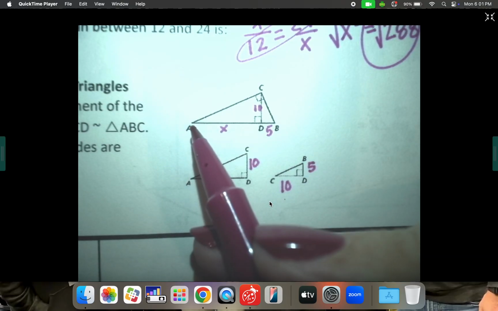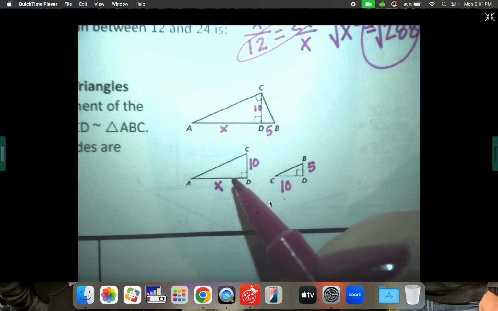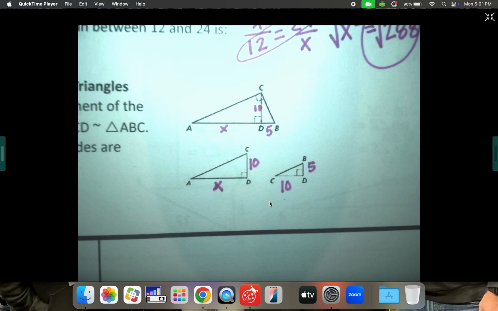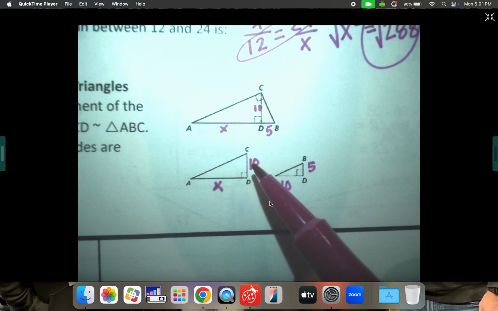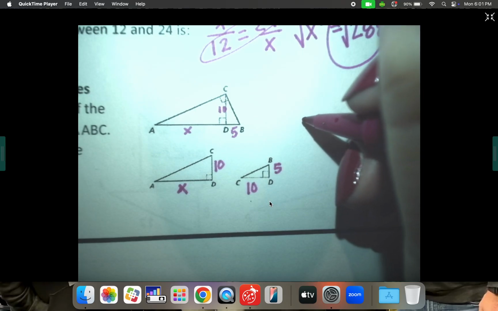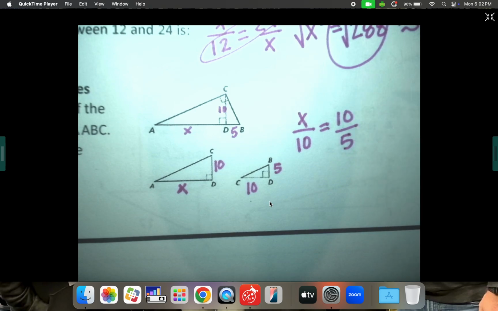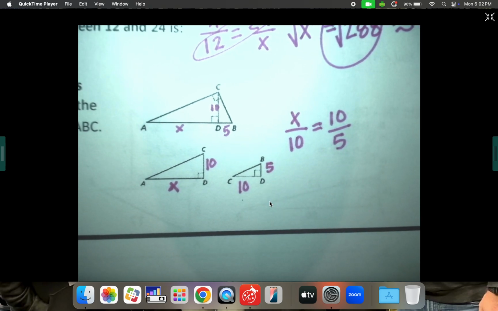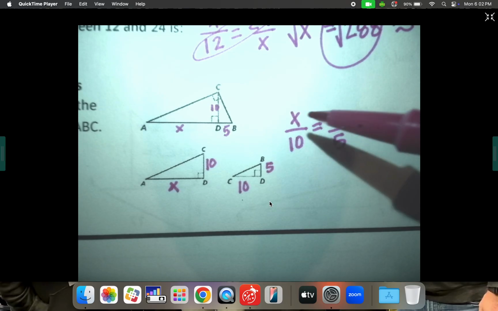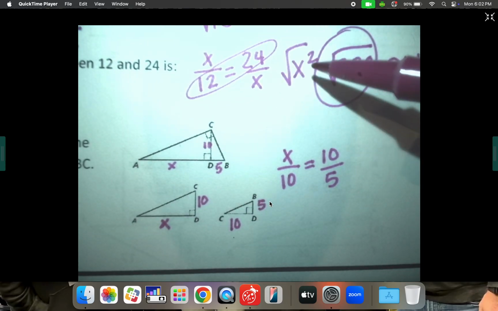And A to D is X, so from here to here is X. This is why it becomes much better to break them apart, because now we can just do the bat and the ball. So X to 10 equals 10 to 5, and then we'll be able to solve it. This is not a good example for geometric mean, because sometimes you have X in two of them, and that would be where you square root it and find the final answer.